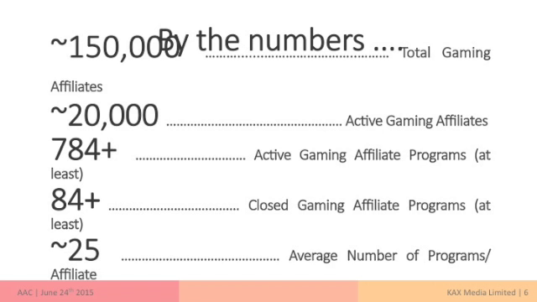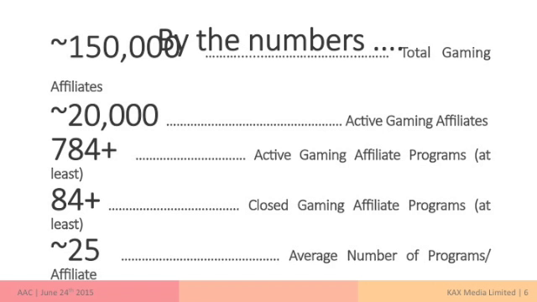In the process of developing our own software to manage this data integration, we've done a lot of original research to uncover all the different affiliate programs. And at this point, we've identified 784 online gambling affiliate programs. That includes binary and things that are closely related to gaming. We're saying 784 plus because there's surely more out there that we haven't stumbled across.